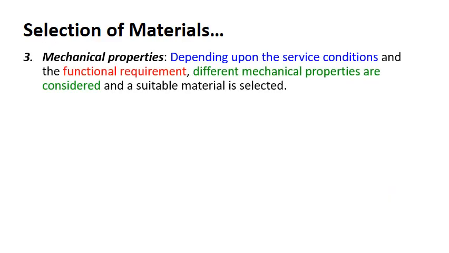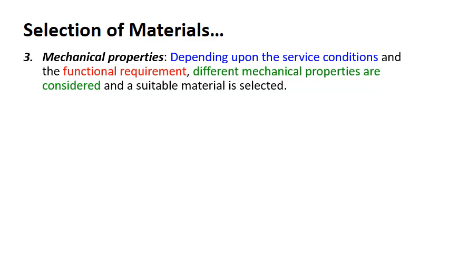Mechanical properties, yes, based on the service conditions and functional requirement, we select material properties that are suitable for the machine element. What do you mean by this service condition? It is basically the ambience in which your part is operating, and where it will be subjected to several types of loads.